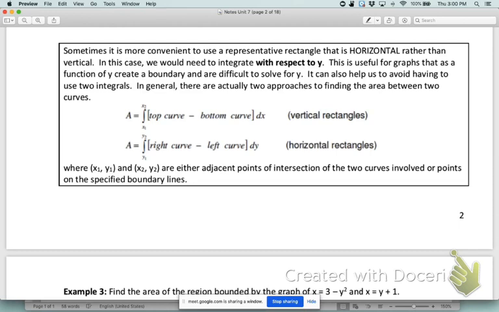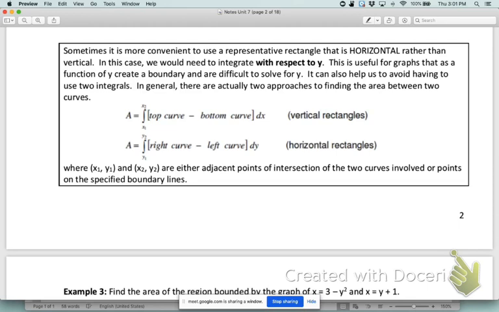So there's really two different ways that you can approach finding the area between two curves. If you're going to go with respect to x, that's going to use vertical rectangles. And we saw those two examples in the previous video. Top curve minus bottom curve is the integral that you want to do. If you want to use horizontal rectangles, that is fine.